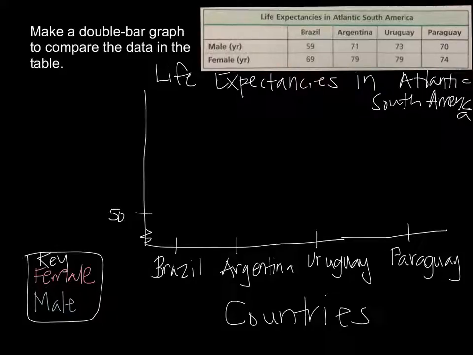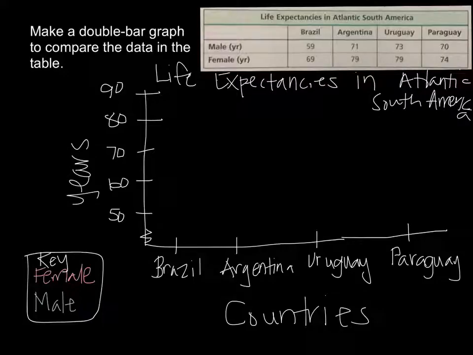And then I could do 60, 70, 80. Does anybody have a 90? That'd be a pretty old life expectancy. Nope, 79 looks like the tallest. Okay, and this would be years.